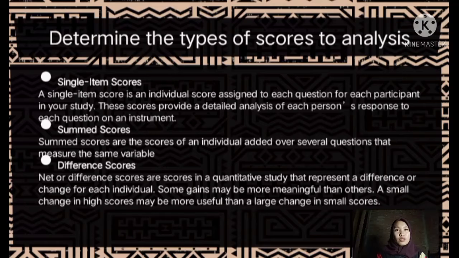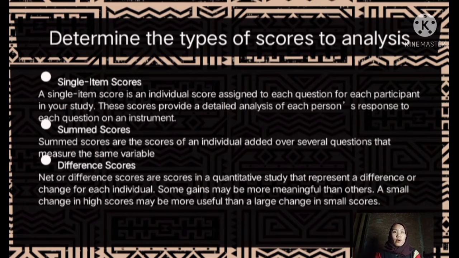Determine the types of scores to analyze. Single item scores: a single item score is an individual score assigned to each question for each participant in your study. These scores provide a detailed analysis of each person's response to each question on an instrument.